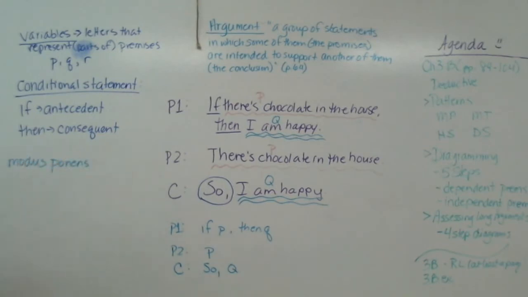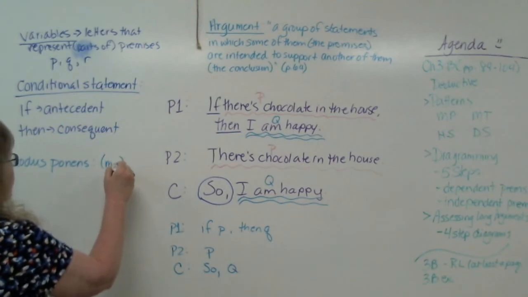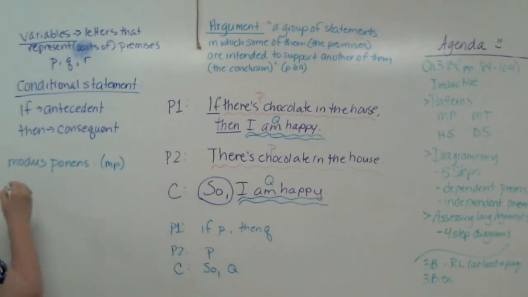Now, Dr. Vaughn does something in the book that always cracks me up. He says, here's this little Latin phrase, don't worry about it, and then that's what we use in the whole rest of the book. You can label it MP. This is what we also call confirming the antecedent.